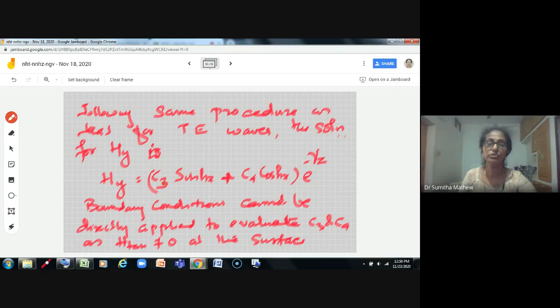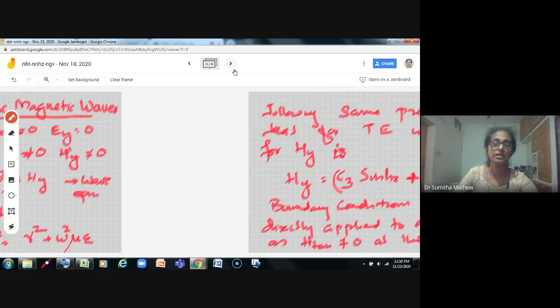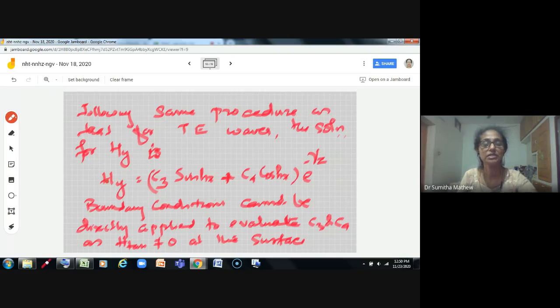So here we take two different constants, C3 and C4. What is h? h is given by h square is equal to gamma square plus omega square mu epsilon. This is the equation from which we got the solution for Hy in the next slide. So we get the general solution for simple harmonic motion in terms of constants C3, C4 and sin hx and cos hx multiplied by the phasor term e raised to minus gamma Z.